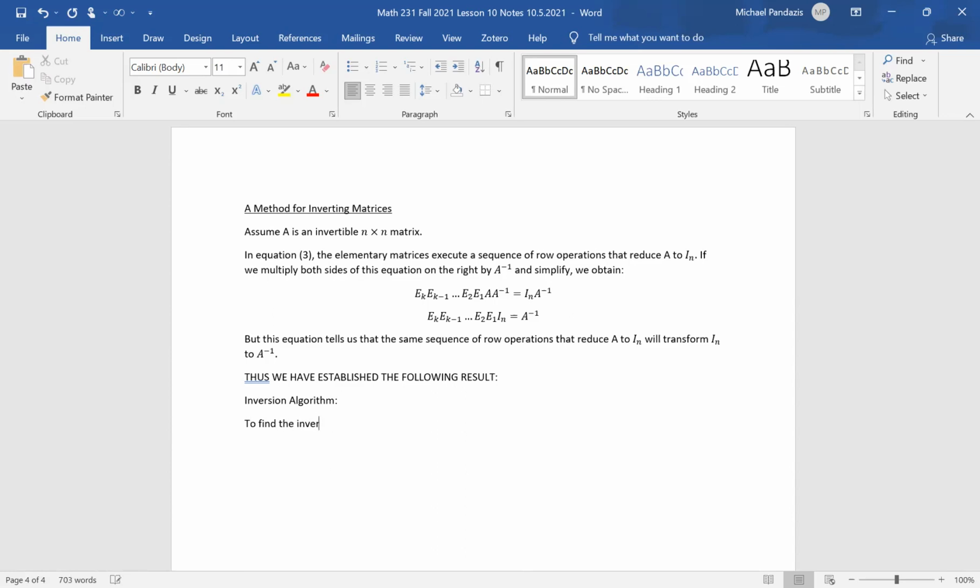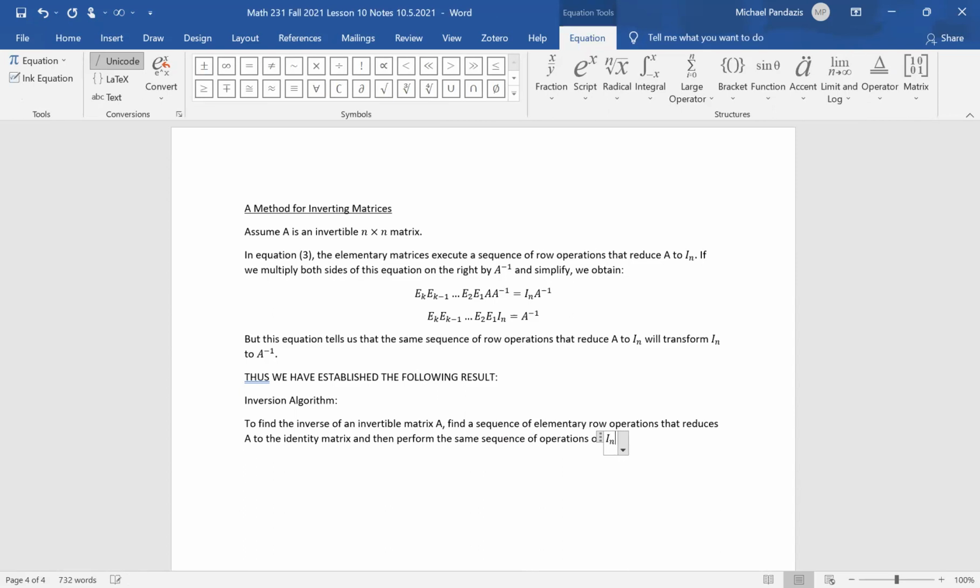To find the inverse of an invertible matrix, capital A, find a sequence of elementary row operations that reduces capital A to the identity matrix, and then perform the same sequence of operations on the identity matrix I sub n to obtain A inverse.